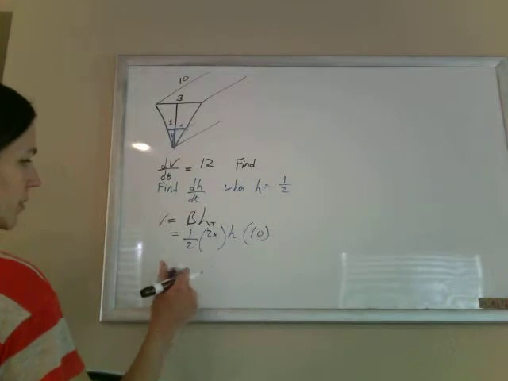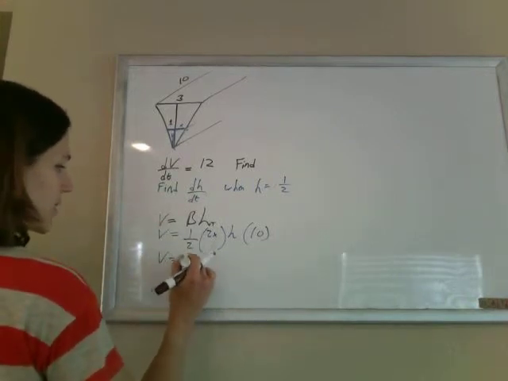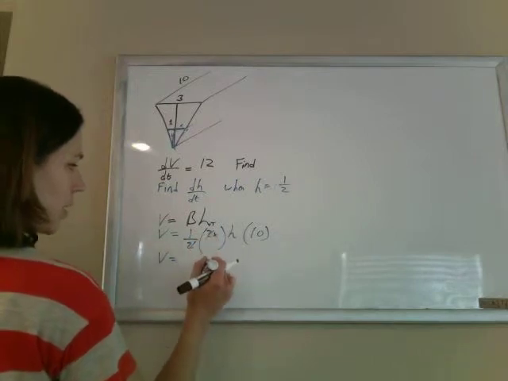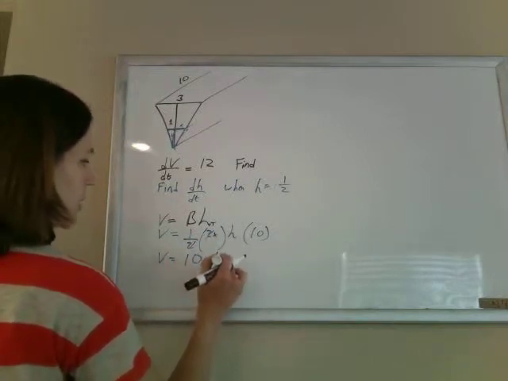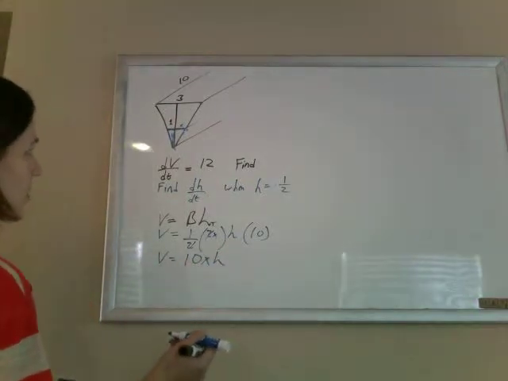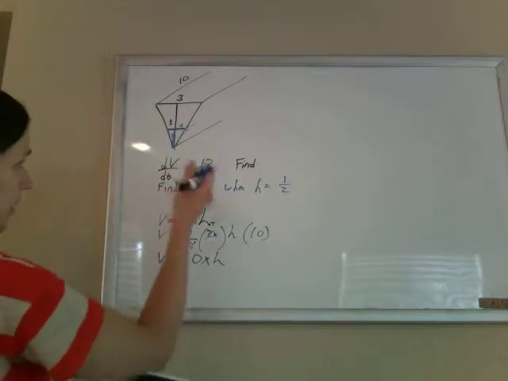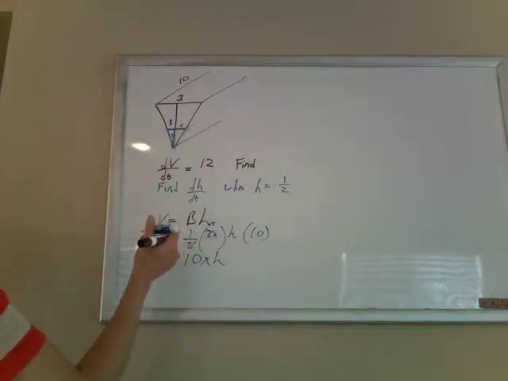But this is your formula for your volume, and if we clean this up a bit, the 2's will cancel, and we just get 10xh. And when I go to differentiate, I want it in respect to just one variable. So I'm going to try to find a way to relate my x and my h. I'm going to do that with similar triangles.